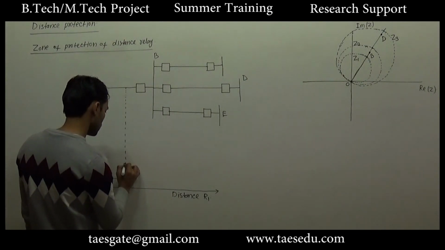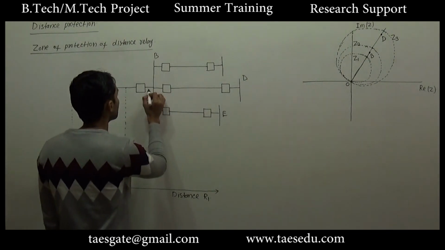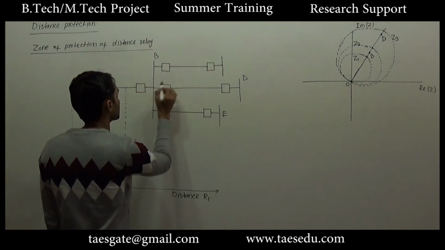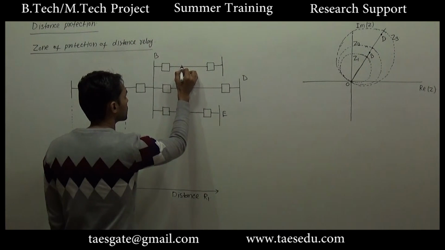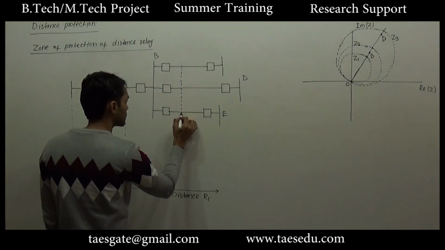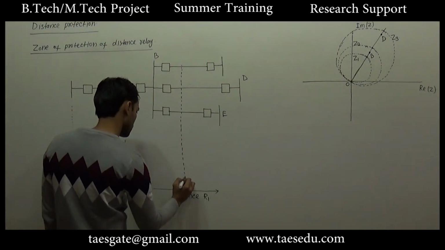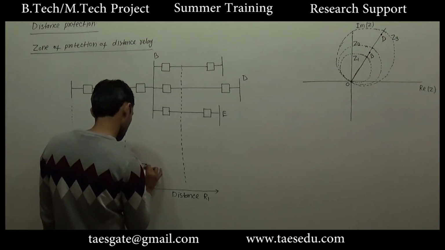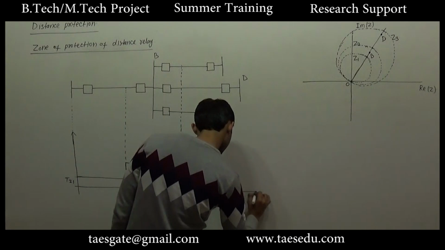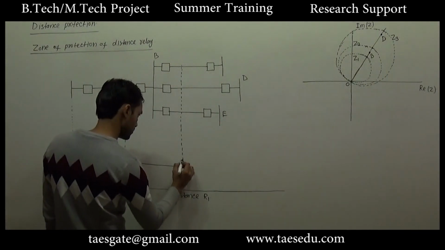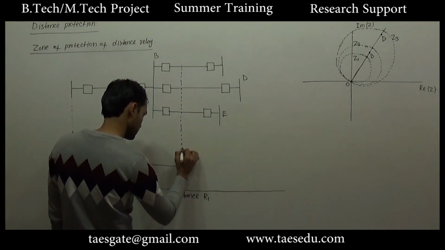So reach of zone 2 protection is 120% of primary line. So let's say here is the 120% of line 1. And after this point, zone 3 protection will start.